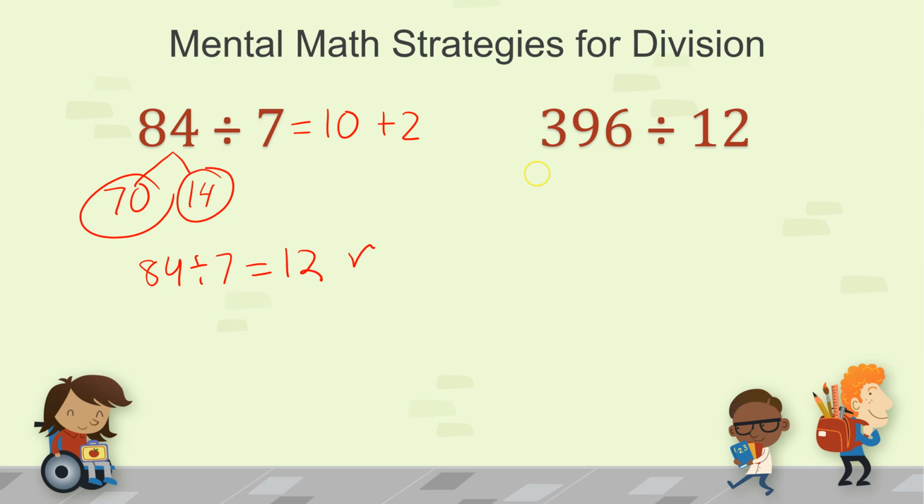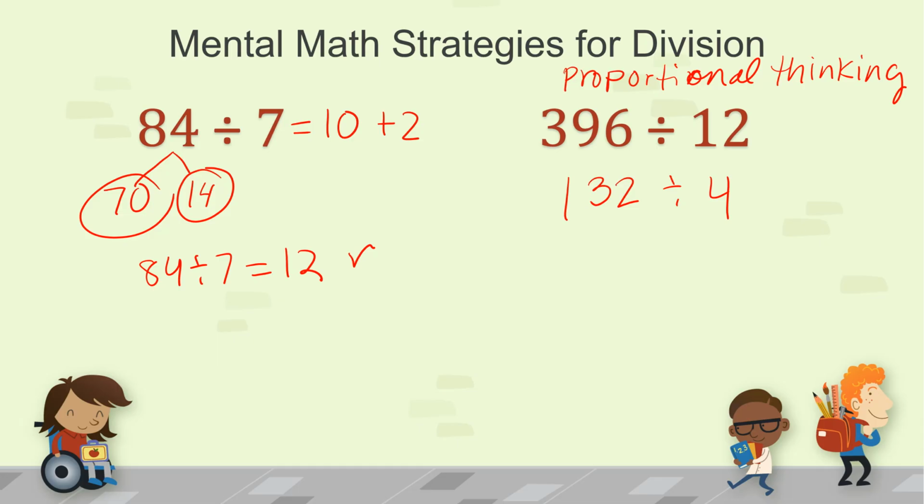Okay, now here, 396 divided by 12. When looking at 396 and 12, I'm seeing 3 everywhere. Meaning 3 goes into 396 and then 3 also goes into 12. So this is called proportional thinking. Okay, so 396 is to 12 is the same as, if I divide both by 3, what is to 4? 132 is to 4.